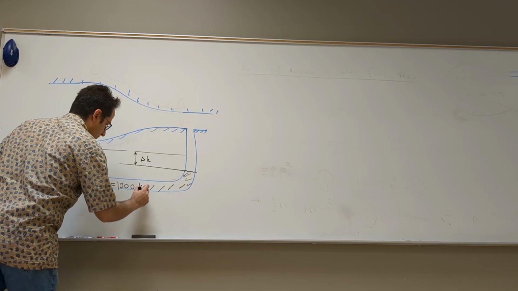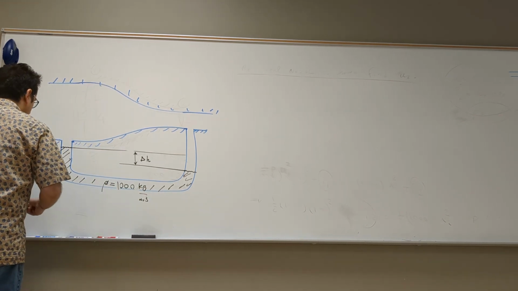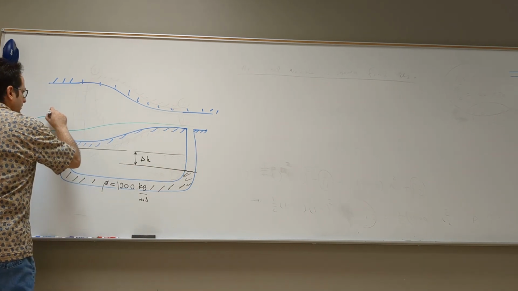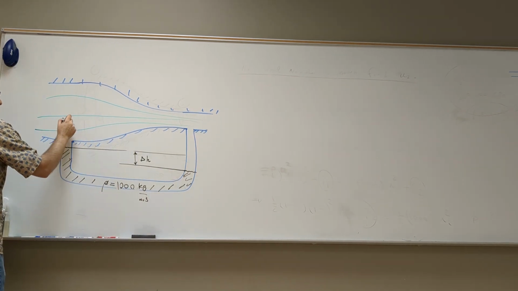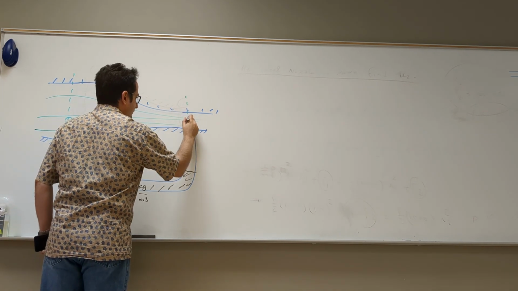kg over meter cubed. We call this point 1, a station, and we call this 2.